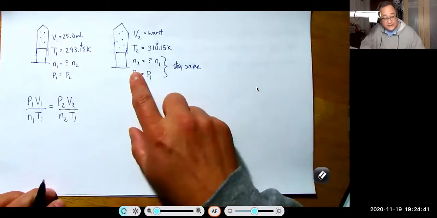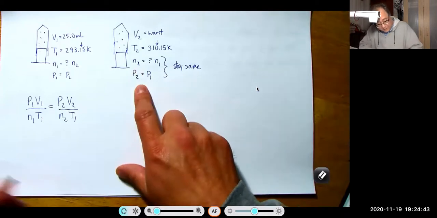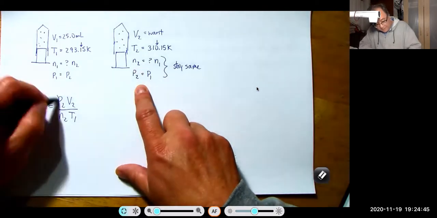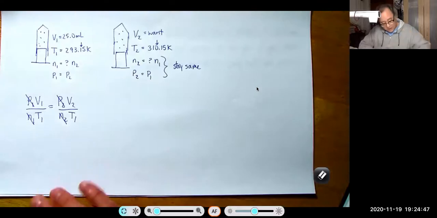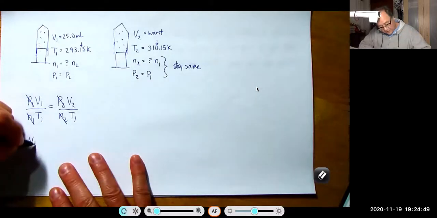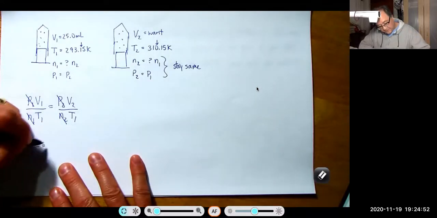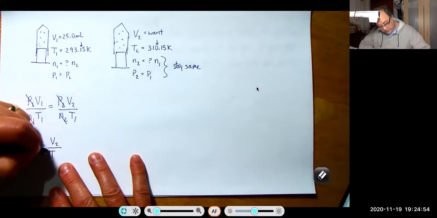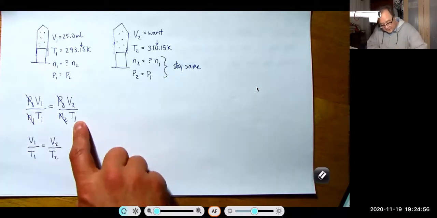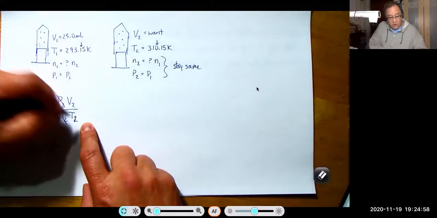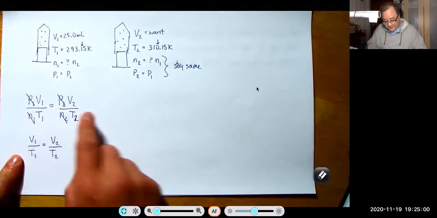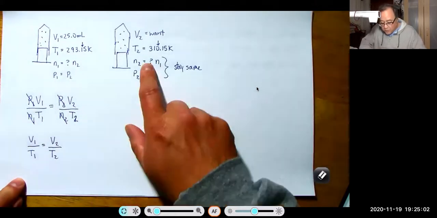Since moles stay the same and pressure stays the same, we just get rid of them from both sides. So now we have V1 over T1 is equal to V2 over T2. Oh, did you see the mistake I did here? That's supposed to be a 2. All ones on this side, all twos on that side. And here we want V2.